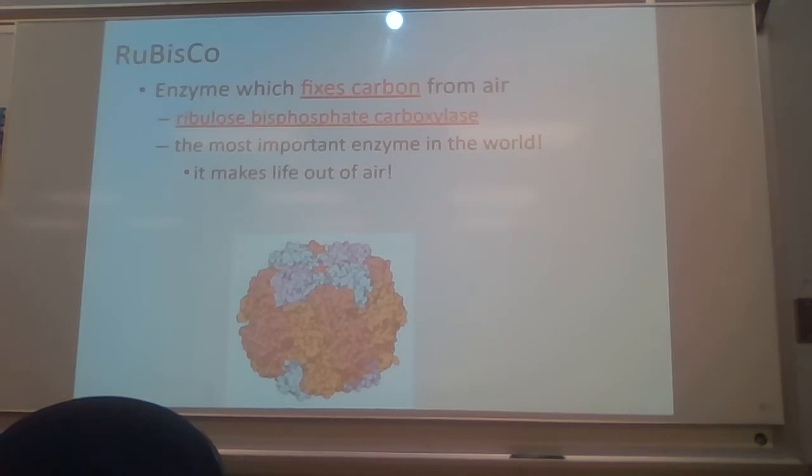It allows us to capture carbon dioxide out of the air and build all the organic molecules that we need. Because of Rubisco, plants are able to use carbon dioxide to build sugars and then to build lipids, nucleic acids, proteins, and everything. So this is the basis of the synthesis of most organic molecules.